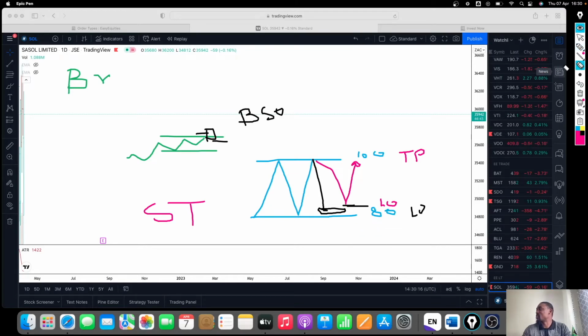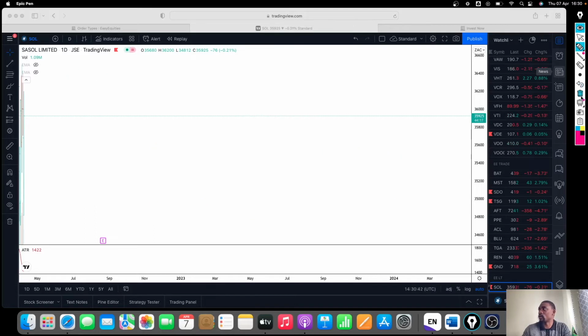Then I can clearly define my trade. If I bought at 82, it means that I'm risking 4 rand per share. Then going all the way to 100, the risk to reward is greater than 1:5. That is how I will normally trade using these functions that are found on EasyEquities.